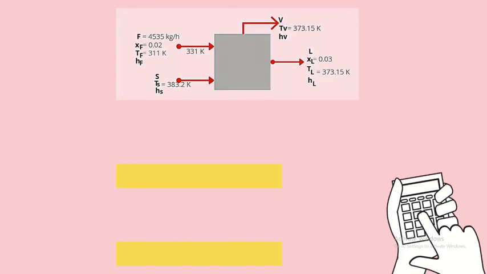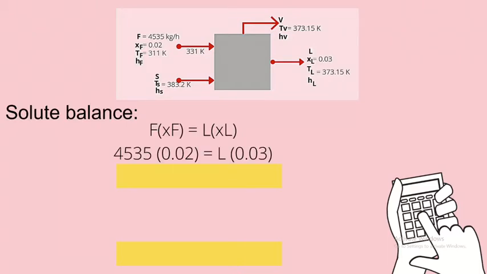From our given data, we can solve first the amounts of liquid and vapor. So going back to our free body diagram, by doing a material balance, we can solve for the amount of liquid product denoted as L. By doing a solute balance, we have the feed multiplied by its percent concentration, and it is equal to the product L multiplied by its solute concentration as well.